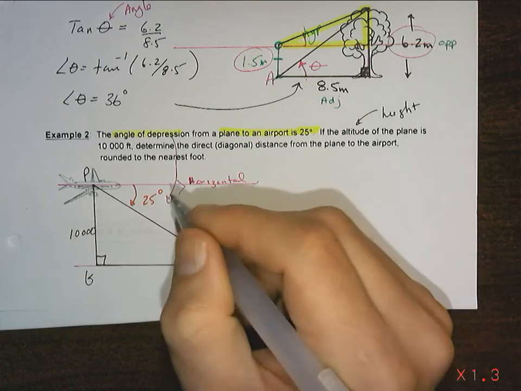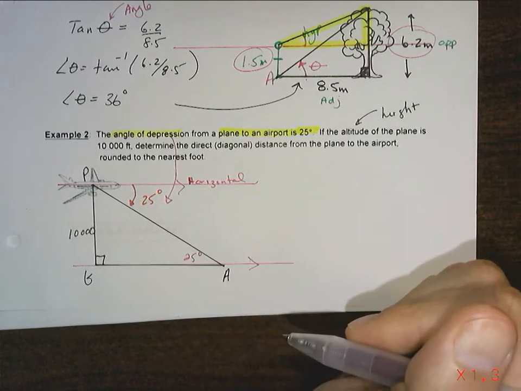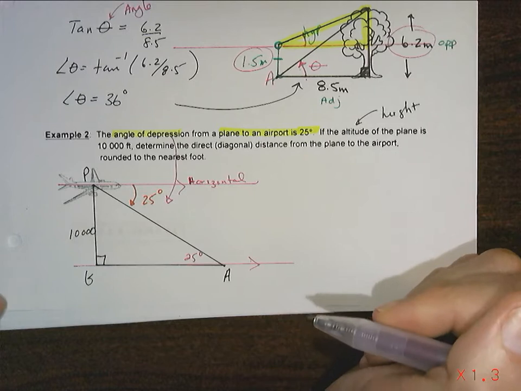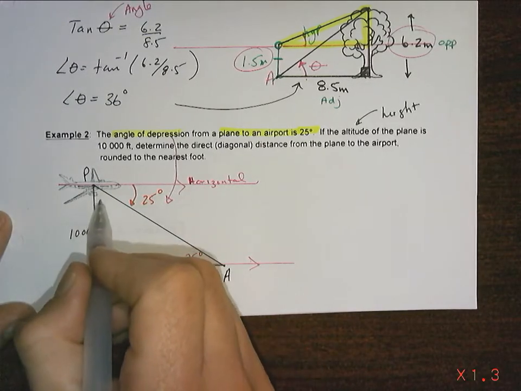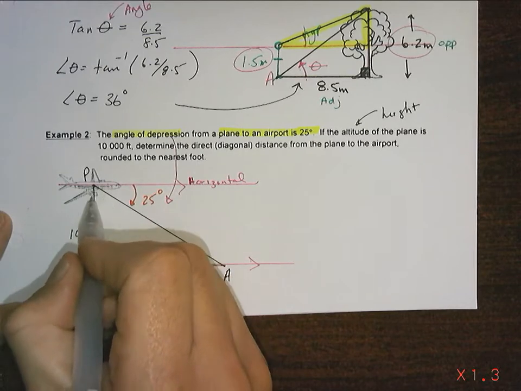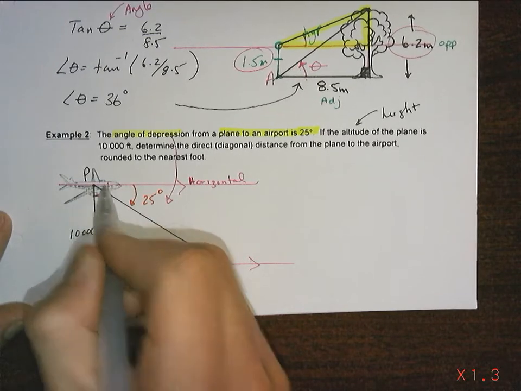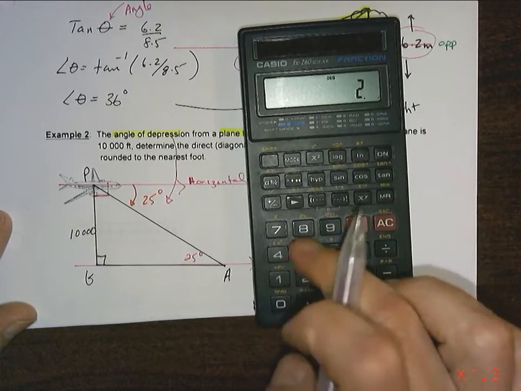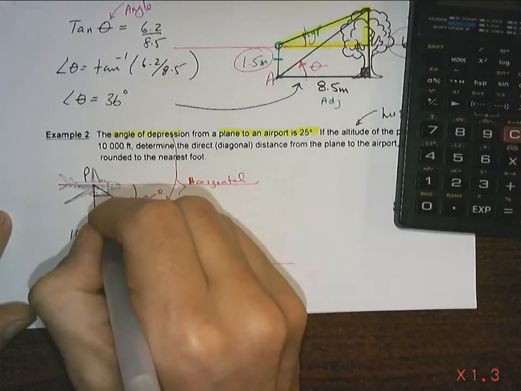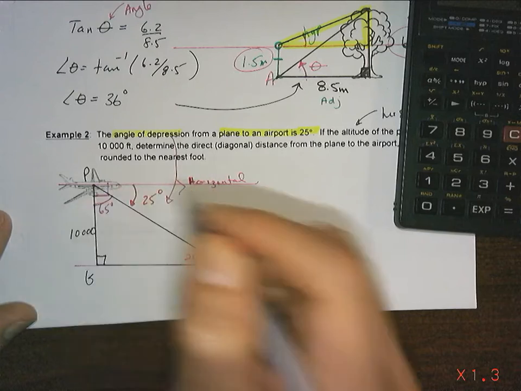If I don't see it outside the triangle, I take off marks. Okay? If you don't want to put the 25 in here, we could also get an angle in here, knowing that this is 90. So this should be 90 minus 25, which will be 65 degrees for that part right there.